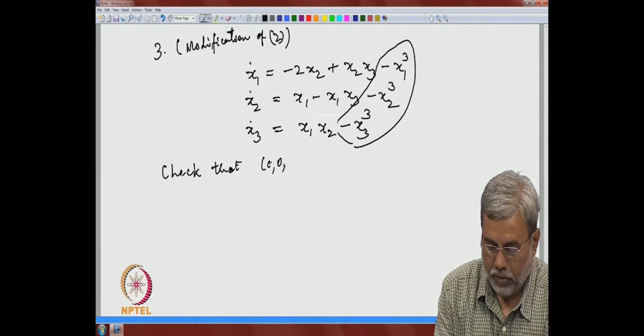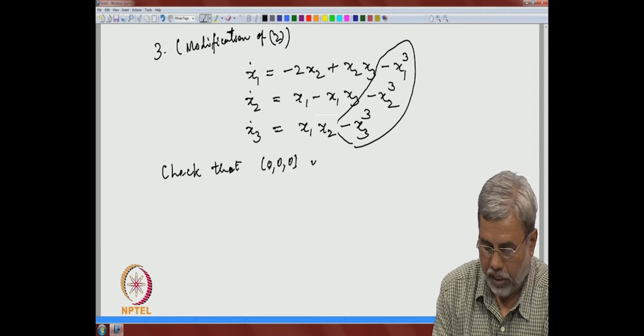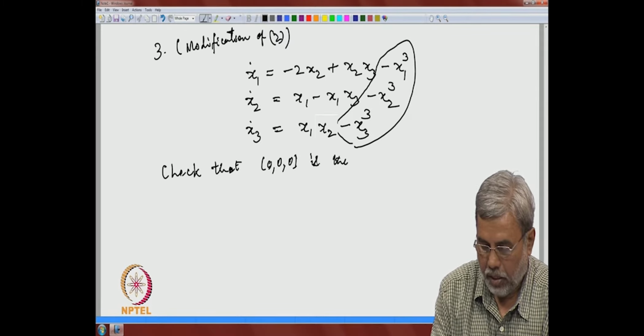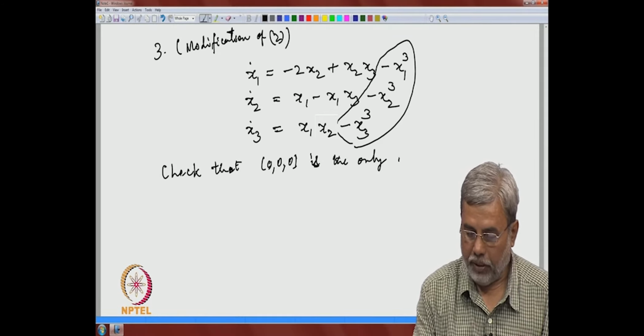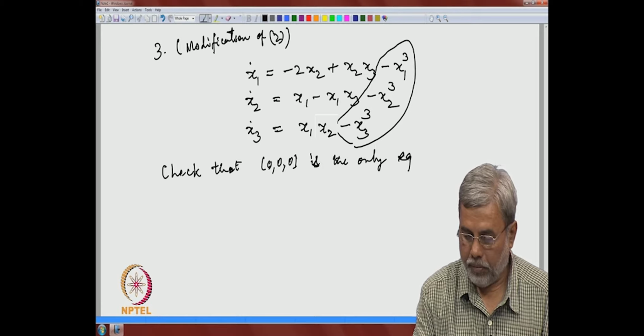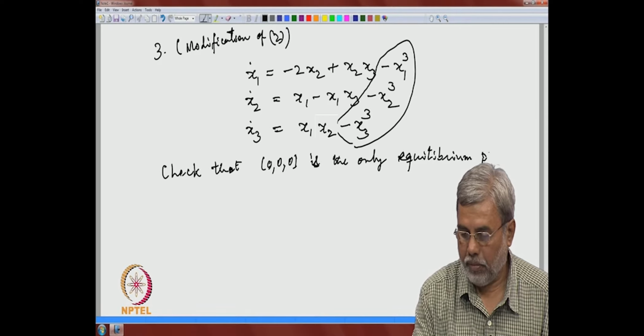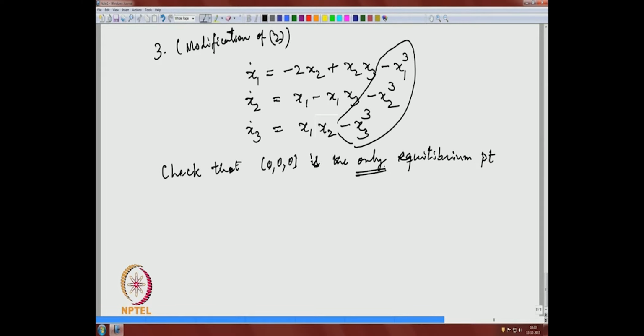And now check, with a bit of algebra, that (0, 0, 0) is the only equilibrium point. Okay. So, only in this case there are no other equilibrium points. So, with a little algebra, 0 is certainly an equilibrium point, at 0 these right hand sides vanish, but it is the only point where the 3 equations on the right side vanish.